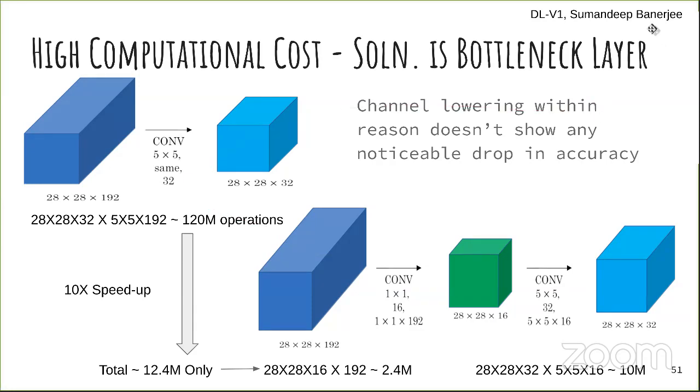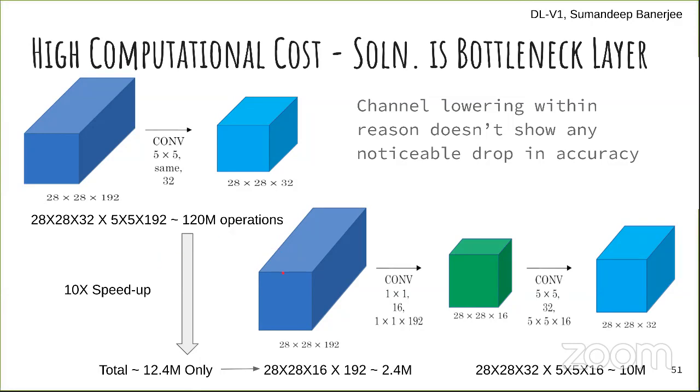Then the Google people came up with an innovation called the bottleneck layer. Say for this example, this is one part of the network in network. We want to compute the 5 cross 5 with 32 filters, and this has roughly 120 million operations.